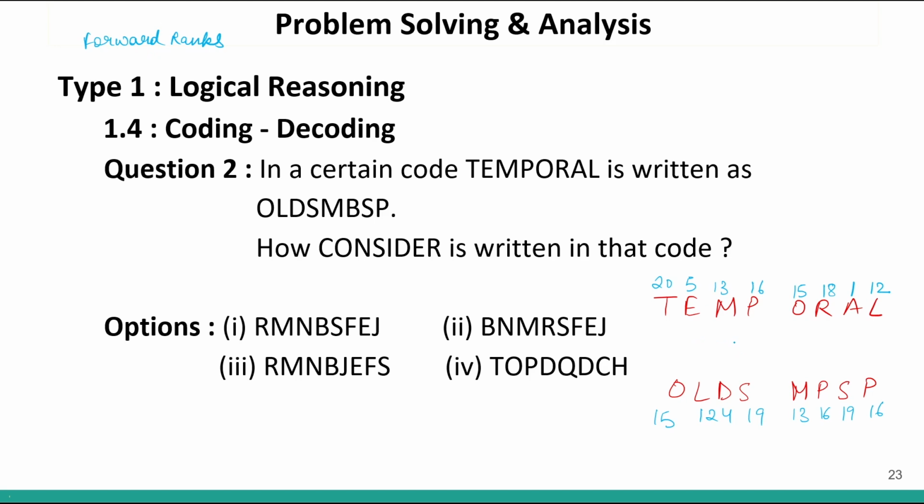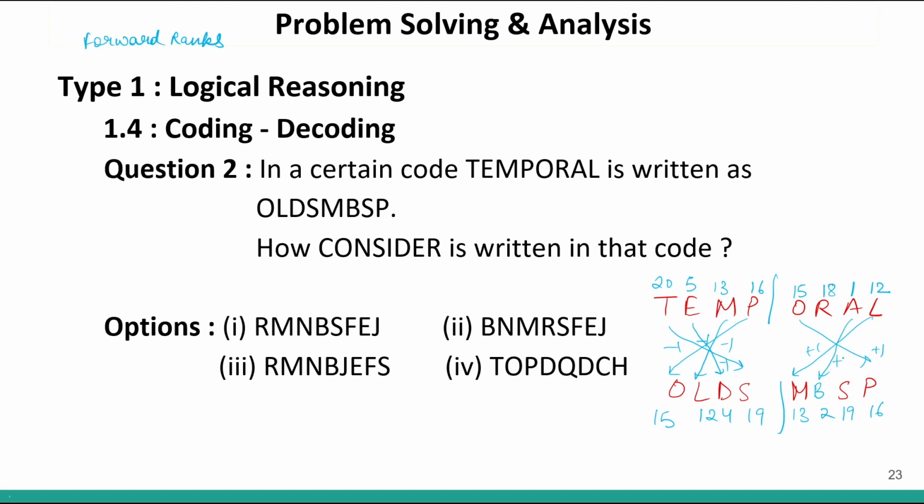Now if I look at this image, let's break it from here. I can see from P to O we are going -1. Similarly, T to S we are going -1. Here also M to L we are going -1 and E to D we are going -1. Here from L to M we are going +1, O to P we are going +1. Sorry, this is MB. B is 2.